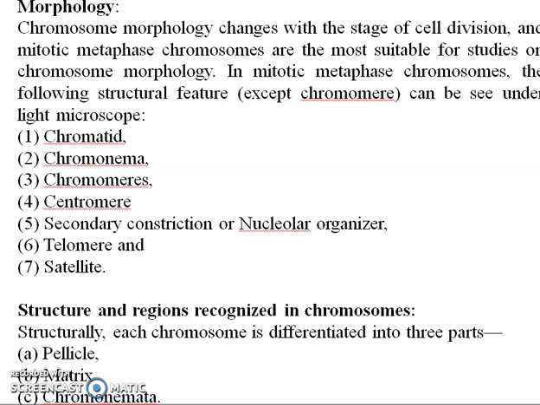Coming to the morphology of the chromosome: morphology changes with the stages of cell division, and mitotic metaphase chromosomes are the most suitable for studies of chromosome morphology. In mitotic metaphase chromosomes, the following structural features can be seen under the light microscope. The morphology is not constant; it changes during the stages of cell division.